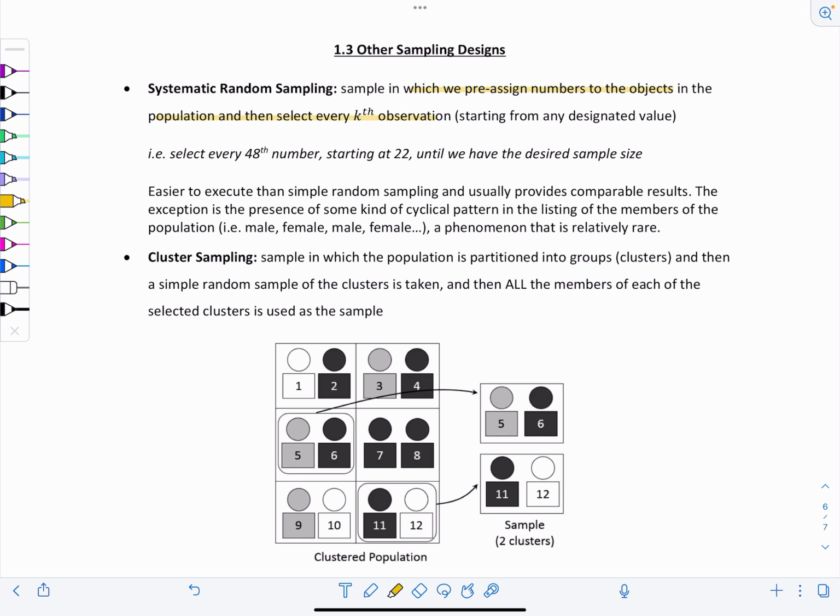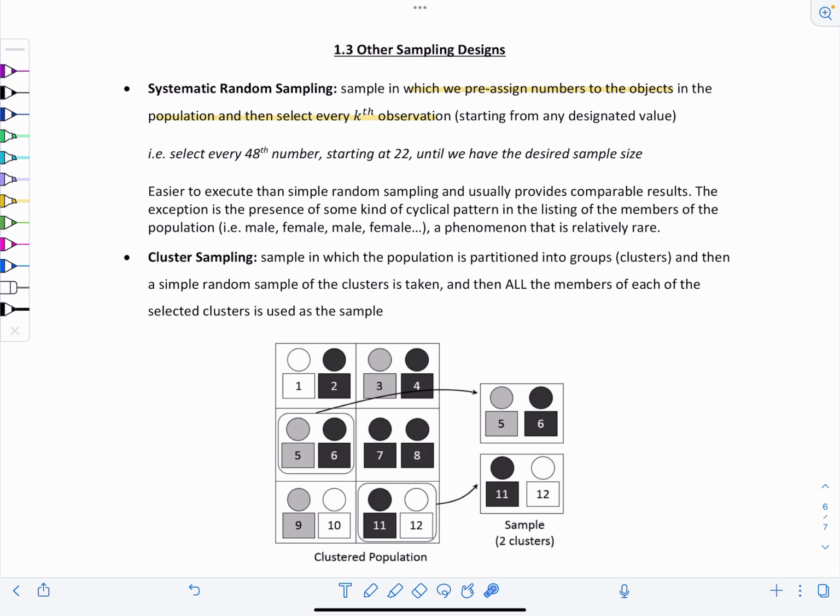This is much easier to execute in practice than simple random sampling. And the cool thing is it usually provides pretty comparable results. The exception is the presence of some kind of cyclical pattern in the listing of the members of the population. Say, on my class roster, normally it's listed alphabetically, right?